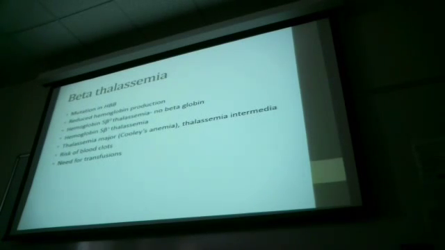So there are different types. There's thalassemia major, which is also called Cooley's anemia, and that's the most severe form of thalassemia. And there's also thalassemia intermedia.